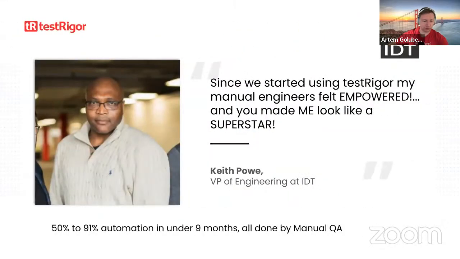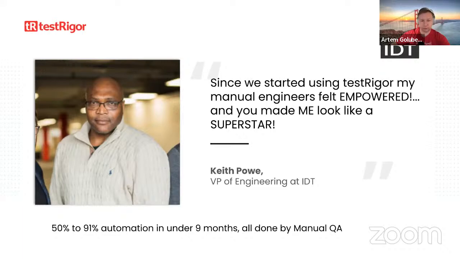And this is a quote from one of our customers, Keith Powell, VP of Engineering at IDT. At the start, they enabled their manual testers to be able to build test automation effectively. We had, at that time, more than 70 people.